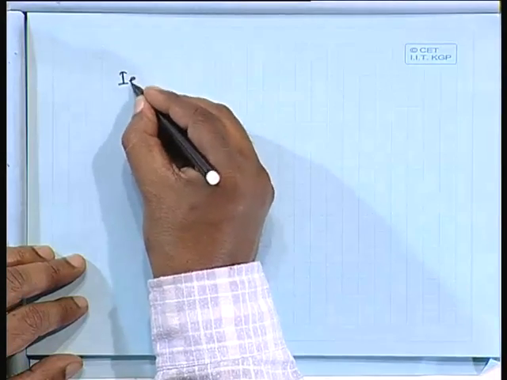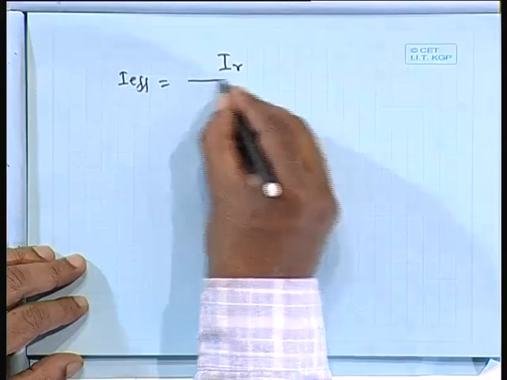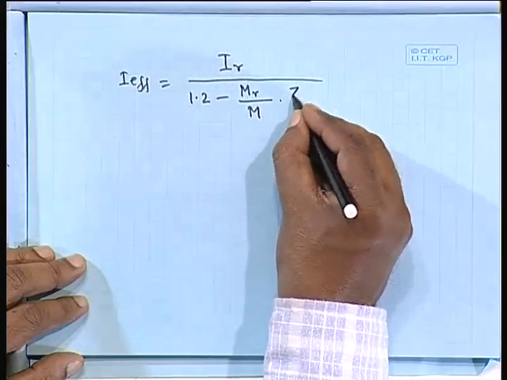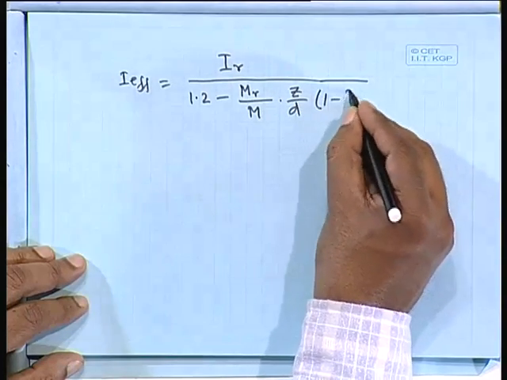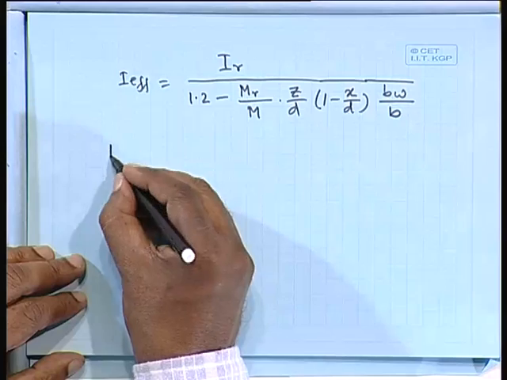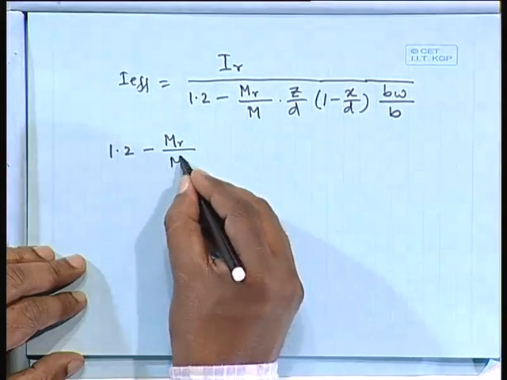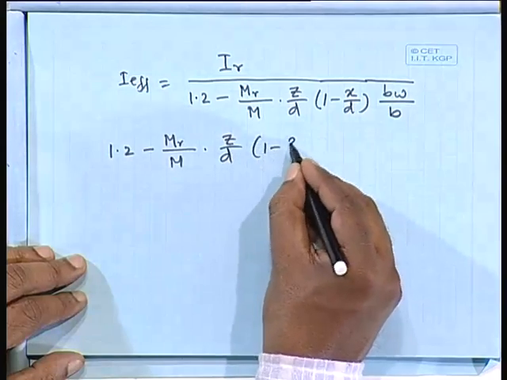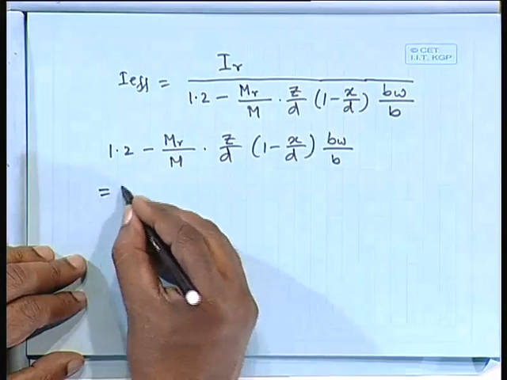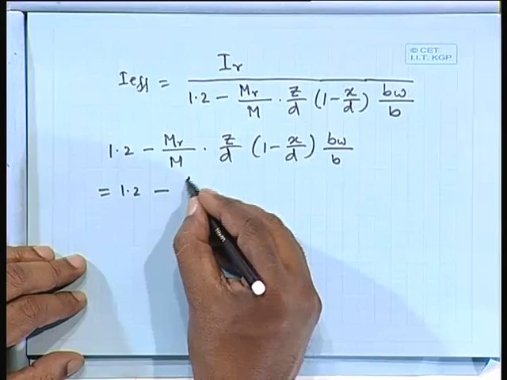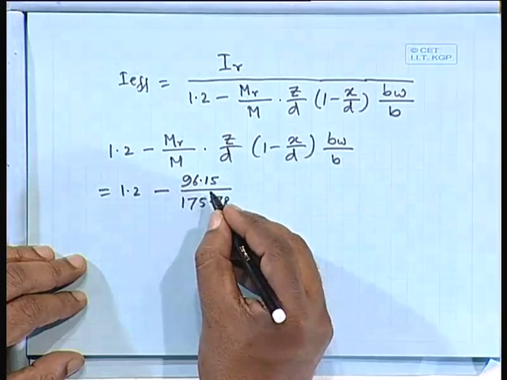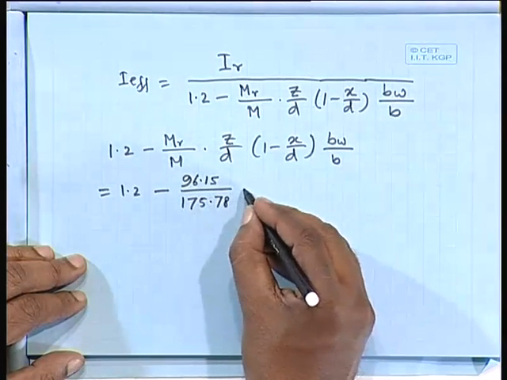I effective equal to IR, let us reproduce the formula once more, minus MR divided by M, Z by D, 1 minus X by D, times BW by B. Let us find out separately 1.2 minus MR by M, Z by D, 1 minus X by D, BW by B, which comes as 1.2 minus MR, that just now we have computed 96.15, M we know 175.78, WL square by 8, that maximum moment under the service load.